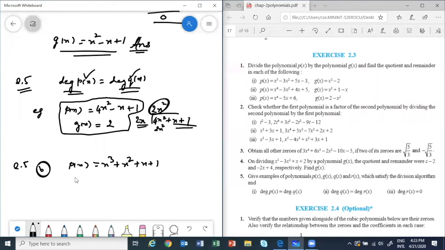So if we divide this by some quadratic function, say x square minus 1, then our q(x) is x plus 1 and r(x) is 2x plus 2. This you can try. I took it from one of the books. I think exercise 2.3 first part you can also check. That one is also going to give you this.